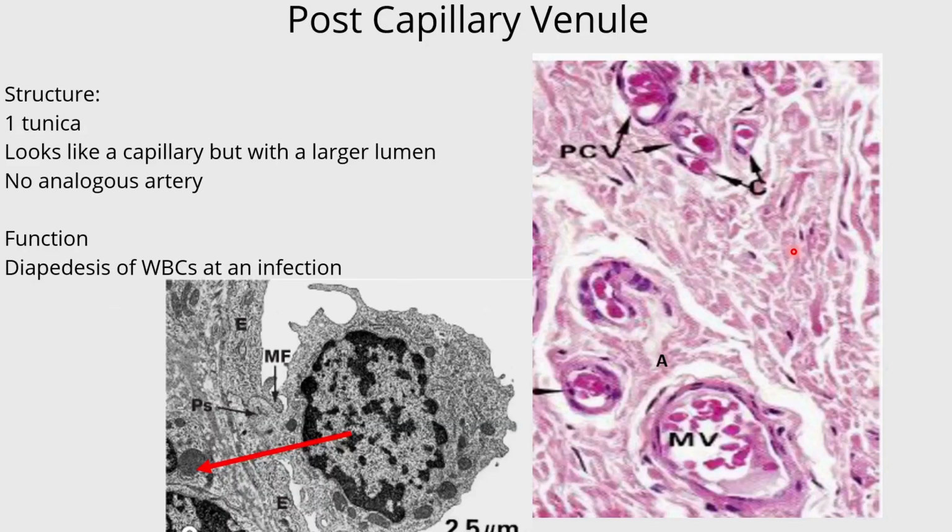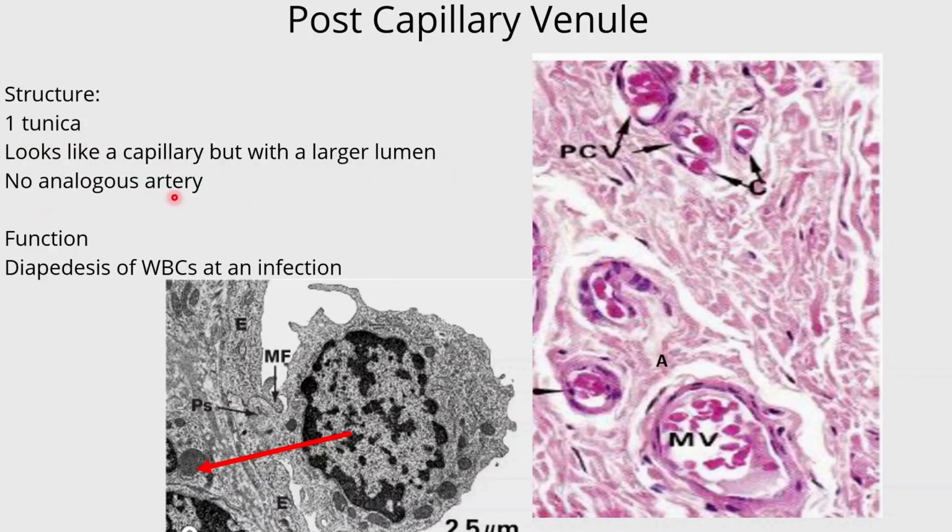Okay, now post capillary venules. So we first have an arteriole, it becomes a capillary, and then the PCV forms. You can see the capillary. It has a slightly larger lumen, and you can differentiate like that. It has one tunica. It looks like a capillary with a larger lumen, as you can see here.